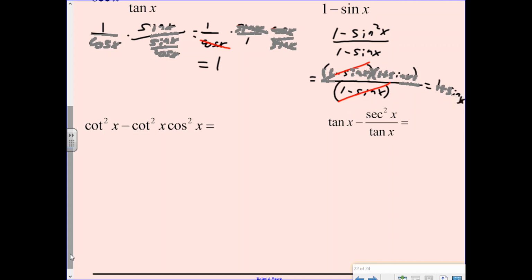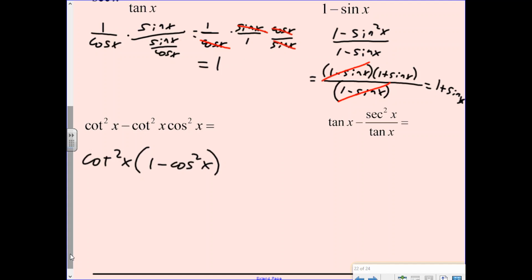And then my last two. Cotangent squared x minus cotangent squared x times cosine squared x. First thing I see here is a GCF. So it's cotangent squared and then 1 minus cosine squared. Factor the cotangent squared out. And then I'm going to do two things at once here.